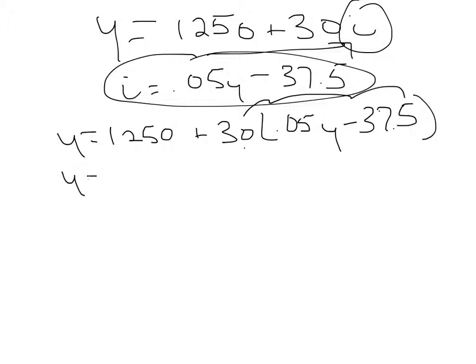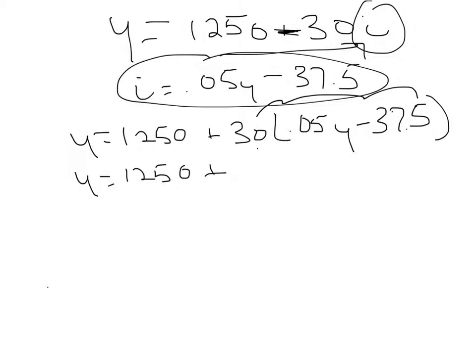I have Y equals 1250 plus, is it plus? I'm sorry. I've been talking about the plus sign, so I think it may be minus. Yeah, it is minus. So my apologies. It's supposed to be 1250 minus.